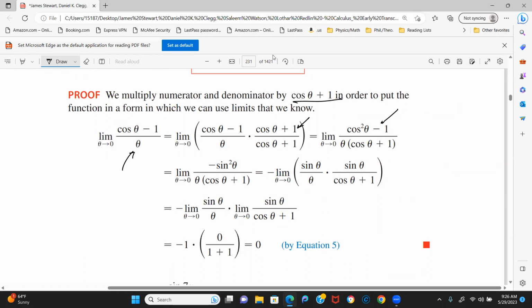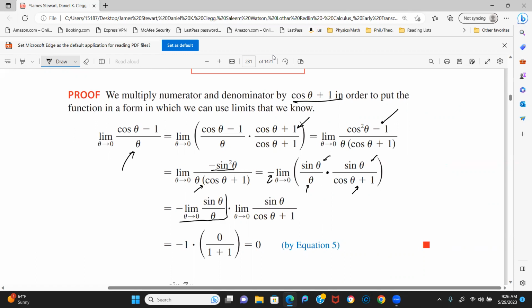You get cosine squared theta minus 1. Well, by the Pythagorean theorem, that's going to be negative sine squared theta. You can pull the negative out of the limit. And then this fraction can be written as a product of two fractions. So you have two factors of sine. One goes in this fraction, the other in this fraction, and then put the theta here and the cosine theta here.